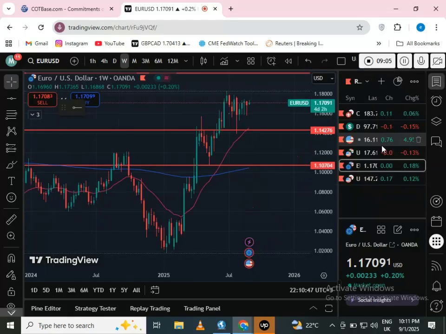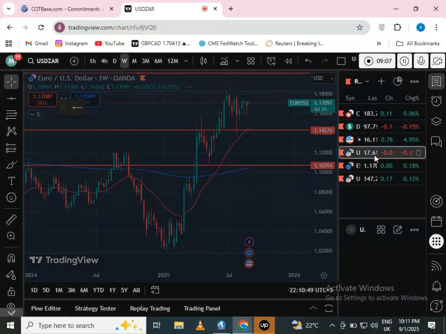So let's take a look at what is happening in the market. Let's look at the USD Japanese yen. As I said before, the USD is a buy trend, an uptrend. That's how the large speculators were showing on the market.